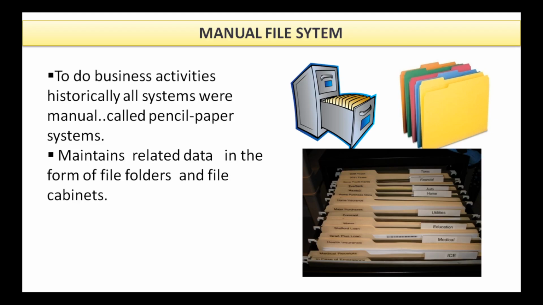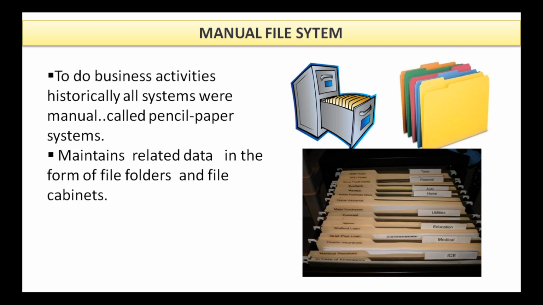In some organizations nowadays, they also record their data in the form of books. For example, take a college. Every college maintains its data in books, like admissions data, marks data, and attendance data. Some of the data must be maintained in books also.